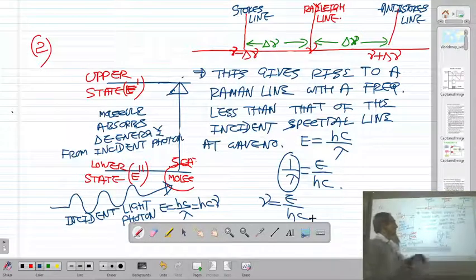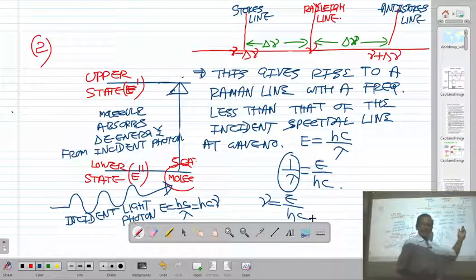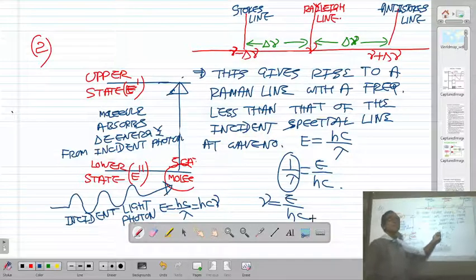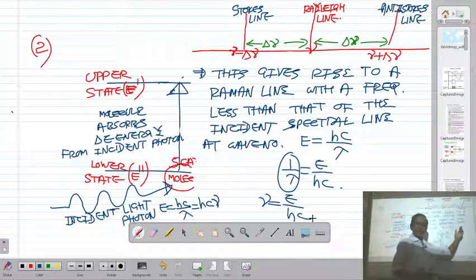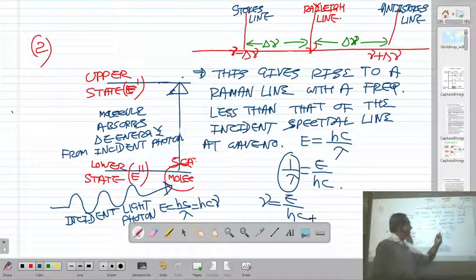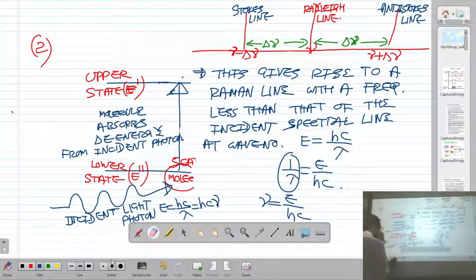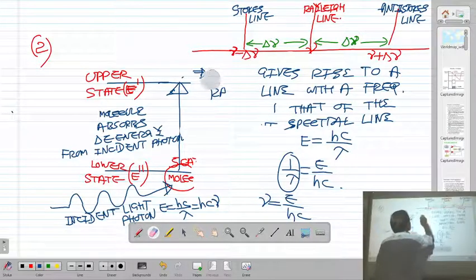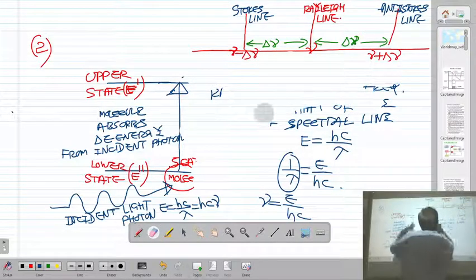You know that the energy equation is E equals hc upon lambda. So from this equation, the wave number 1 upon lambda is E upon hc. Now calculate the wave number of this Stokes line.